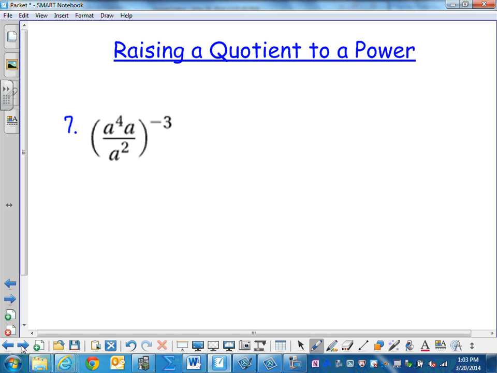Let's go ahead and try number 7. Everything is to the negative 3 power, so I'm going to go ahead and multiply everything by the negative 3 power and get rid of the parentheses. So a to the 4 times negative 3 is a to the negative 12, times a to the negative 3, over a to the negative 6.